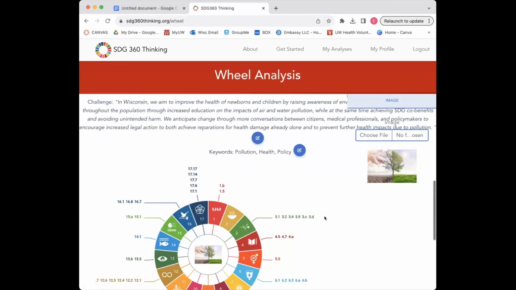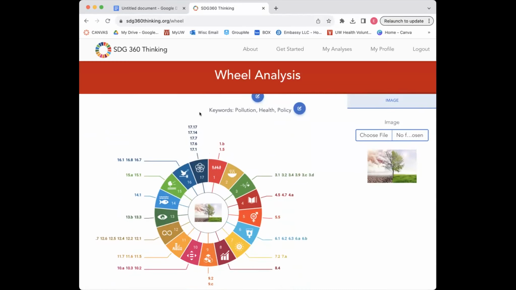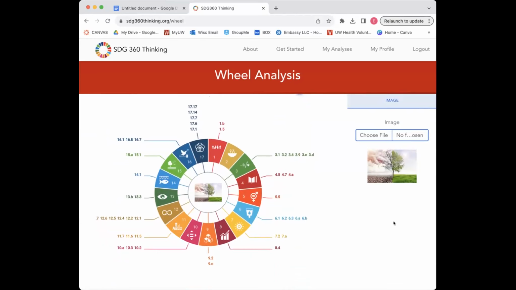We're just encouraging these conversations because pollution is a driver of premature death and illness. So when I was making my wheel, I centered it around good health because that's the end goal. But then I realized that there's a lot that goes into it because we're trying to create conversation.